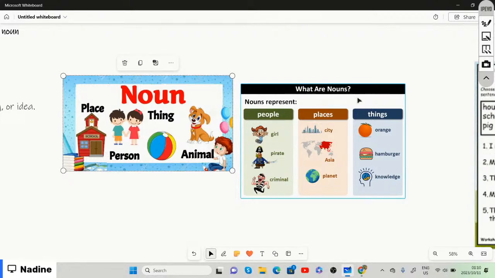If we give a breakdown of what nouns represent, we can start with people. Under the category of people, nouns can be a girl, a boy, a pirate, a criminal, a man, a woman.